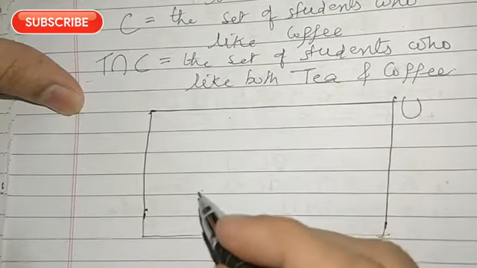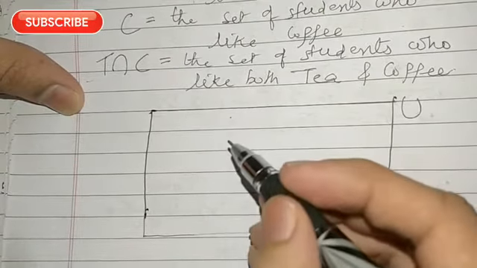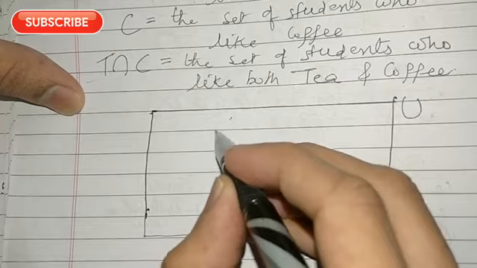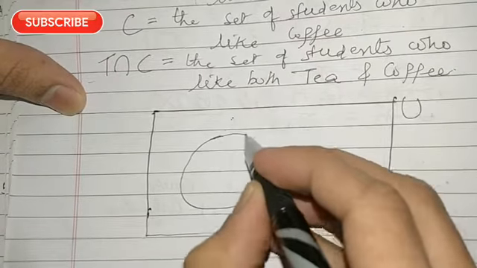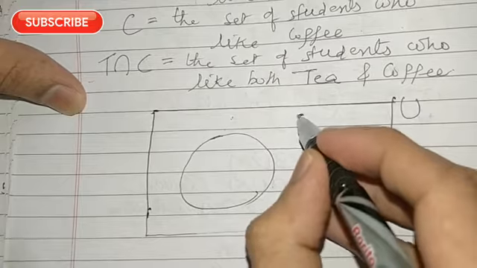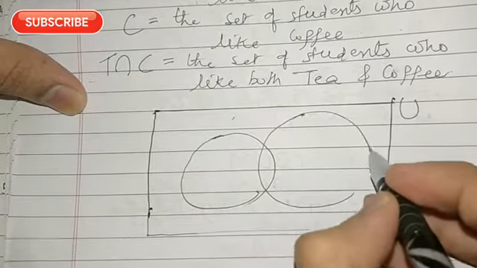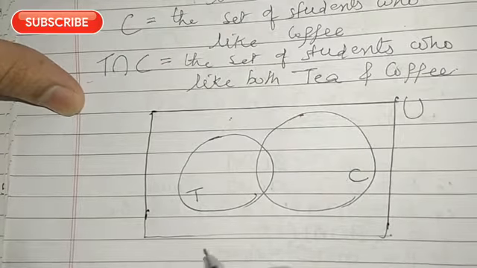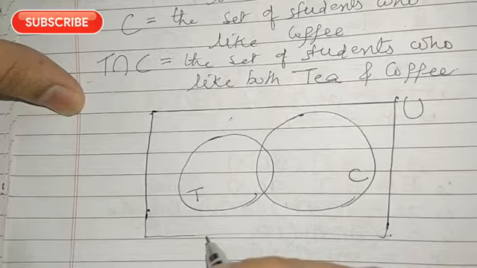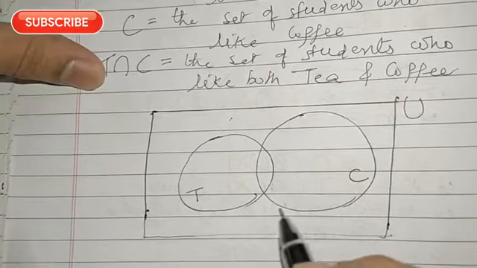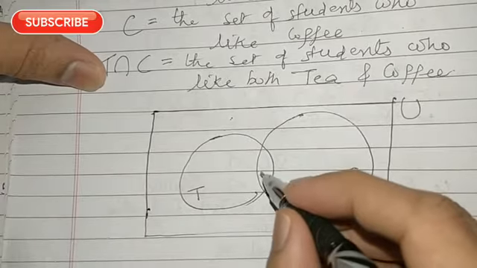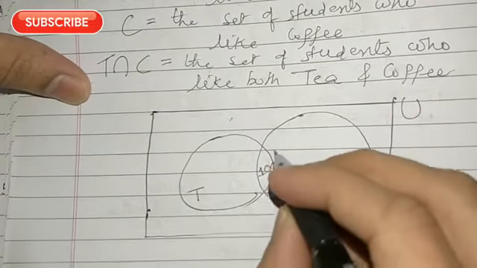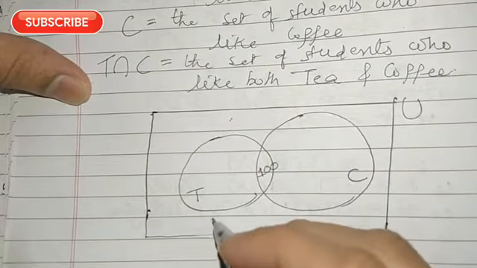Then we will draw the sets T and C. So this is the set T, this is the set C. Now see how many like both first, that is tea and coffee. There are 100 which are given. 100 like both tea and coffee, right?